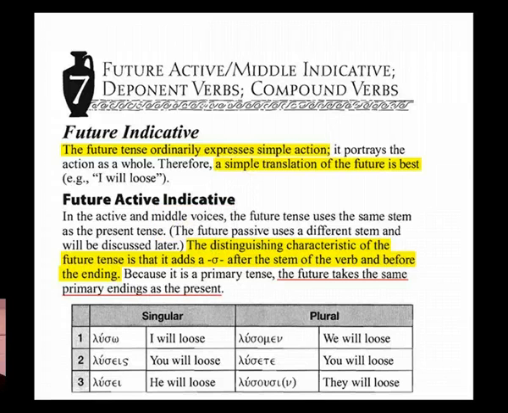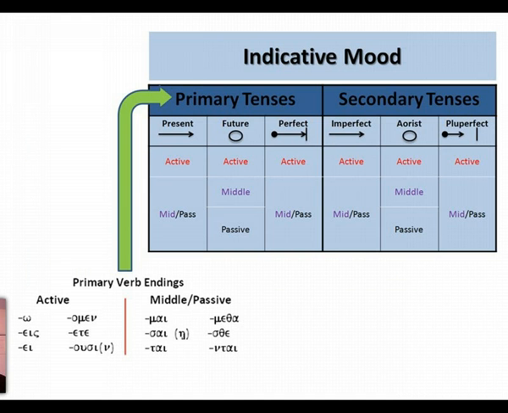Because it's a primary tense, the future takes the same primary endings as the present tense. So with the chart at the bottom of the screen, you see the forms luso, luseis, lusei, lusomen, lusete, lusousi. I will loose, you will loose, he will loose, we will loose, you will loose, they will loose.